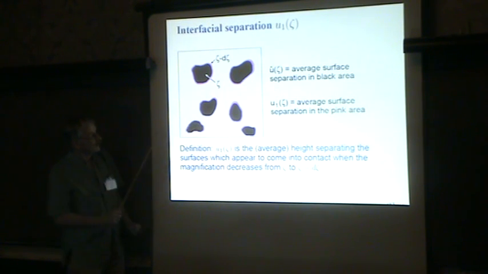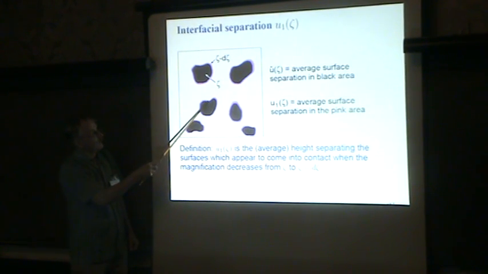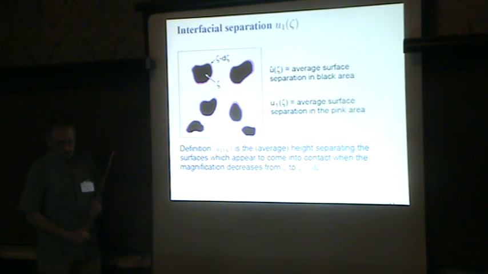It's a little more complicated than I've indicated here, but they must grow in size. And u1 at this magnification is the average separation between the surfaces in this bigger area.